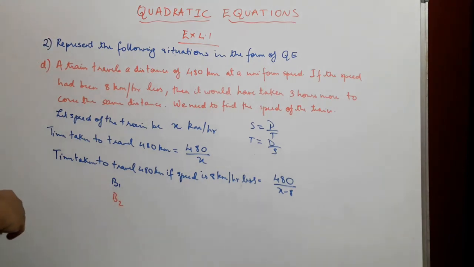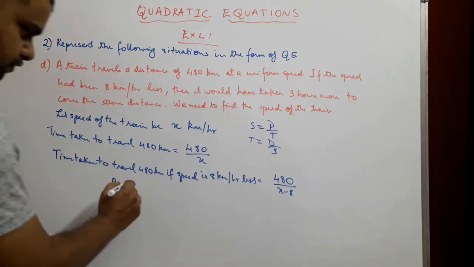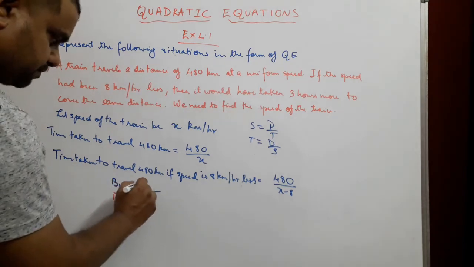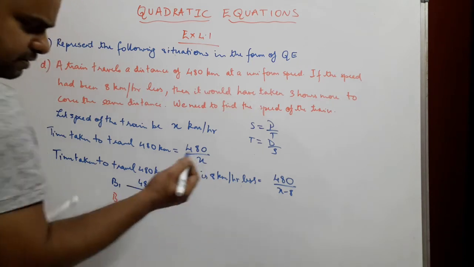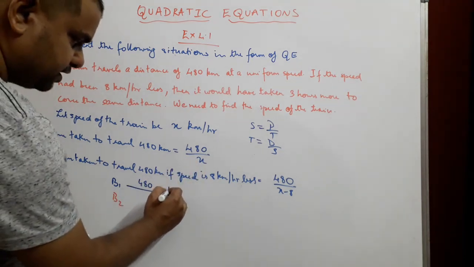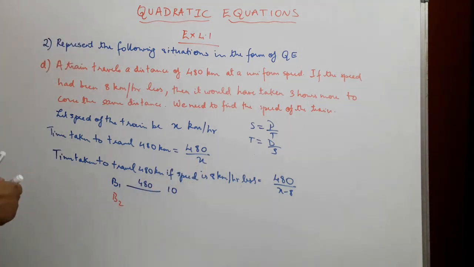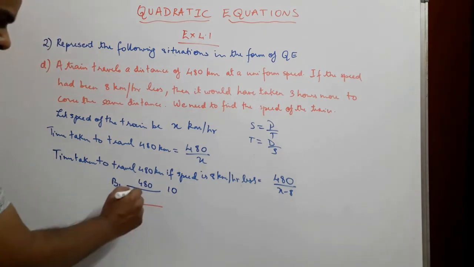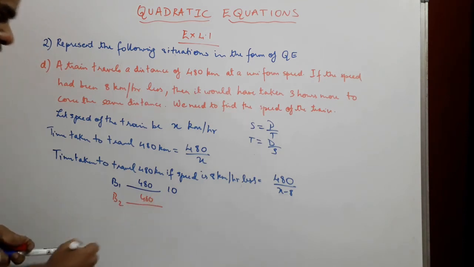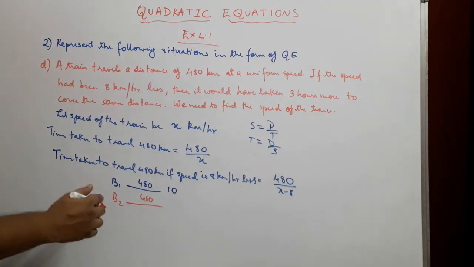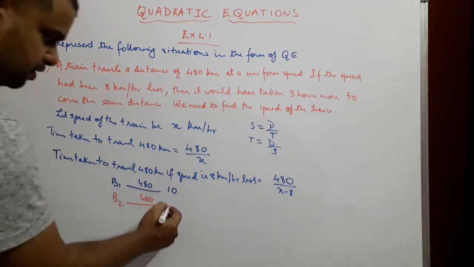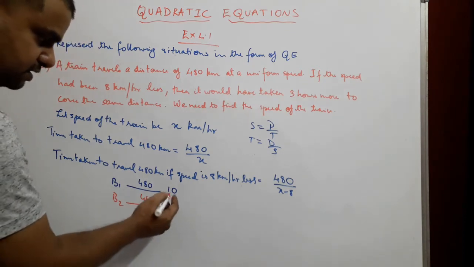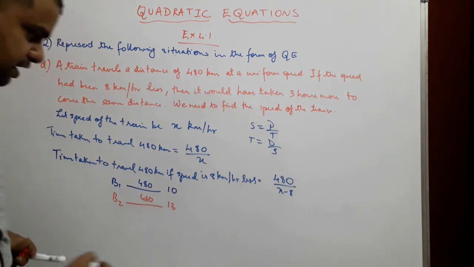Bus 1 covers the distance of 480 kilometers in, let's say, 10 hours. And bus 2 covers the same distance of 480 kilometers, but here the speed is 8 kilometers per hour less, so it probably takes, say, 13 hours.